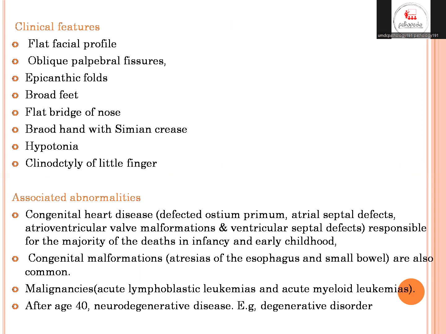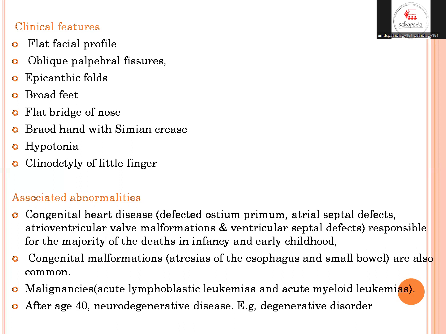Clinically, Down syndrome or trisomy 21 appears as flat facial profile, oblique palpebral fissures, epicanthic folds, broad feet, flat bridge of nose, broad hands with simian crease, hypotonia, and clinodactyly of the little finger. The associated abnormalities of Down syndrome are congenital heart disease and congenital malformations like atresia of the esophagus and small bowel.